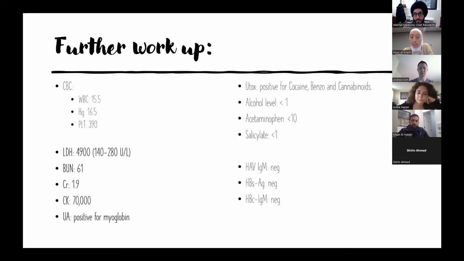His LDH is very high. He has acute kidney injury. His CK is 70,000, UA positive for myoglobin, and alcohol level was less than 1. Otherwise, they did a viral hepatitis panel, which was negative for acute infection. So this patient most likely has rhabdomyolysis secondary to his cocaine use.